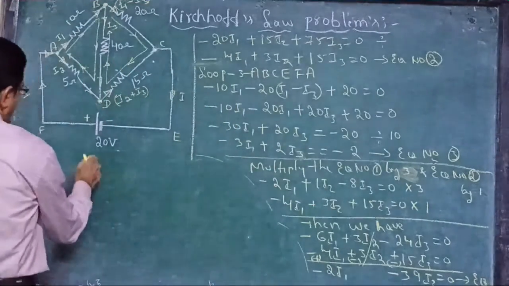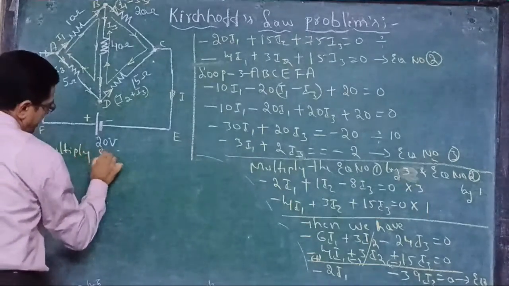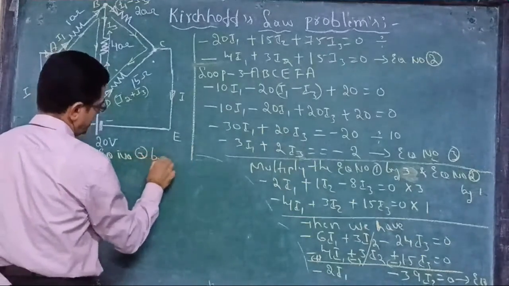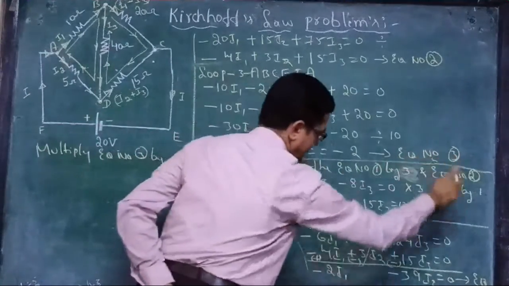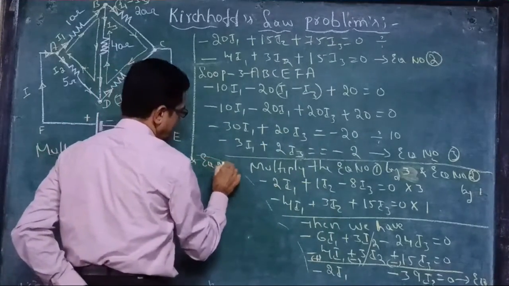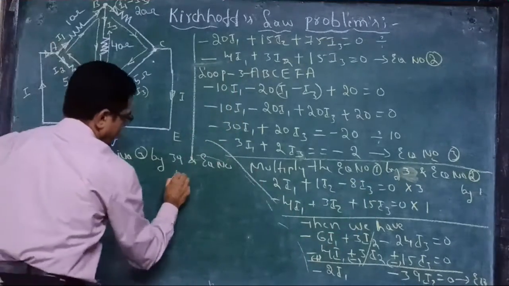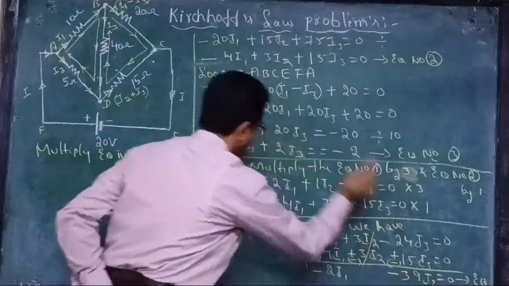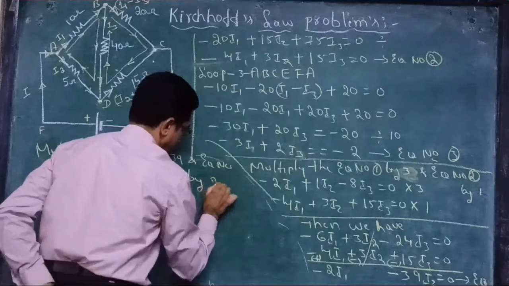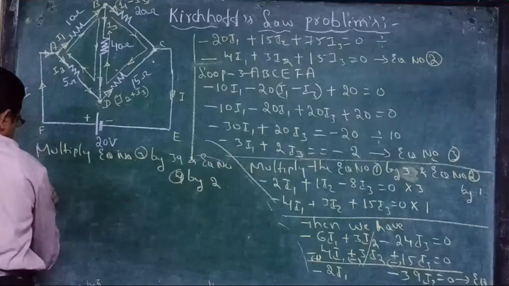So I'll write: multiply equation number 3 by 39 and equation number 4 by 2.